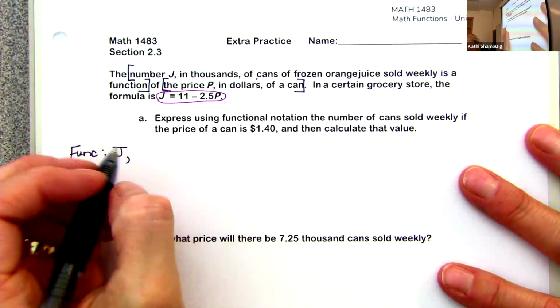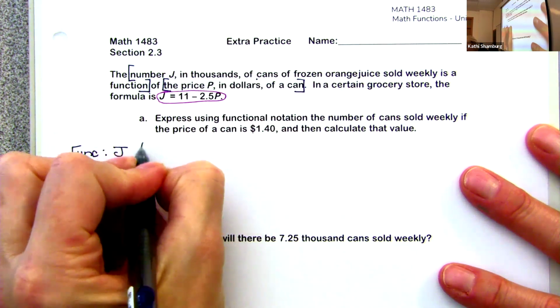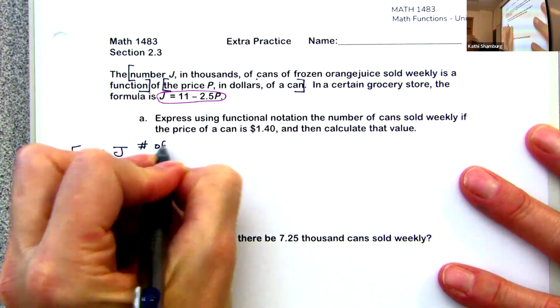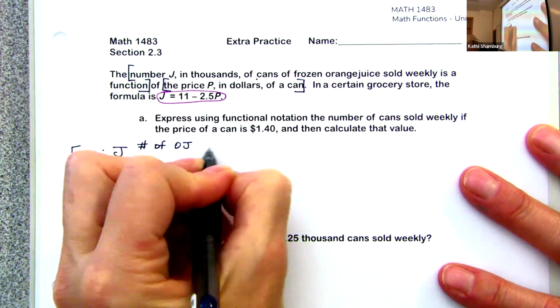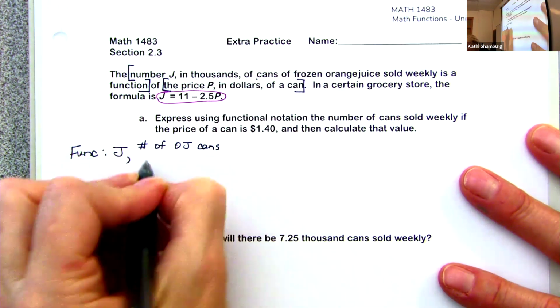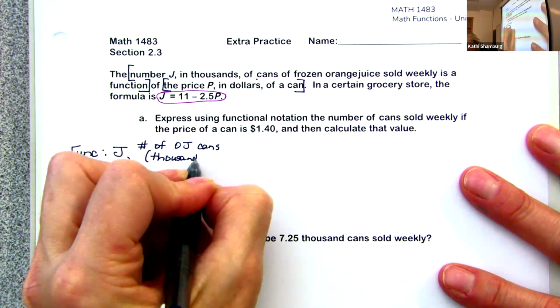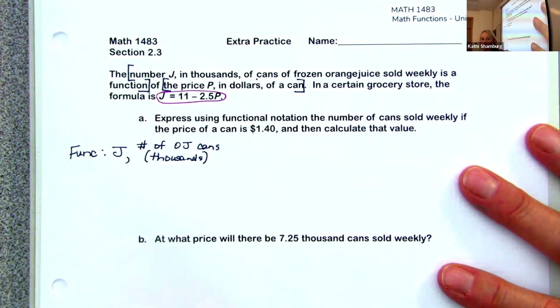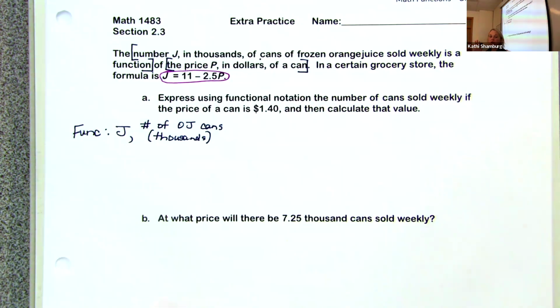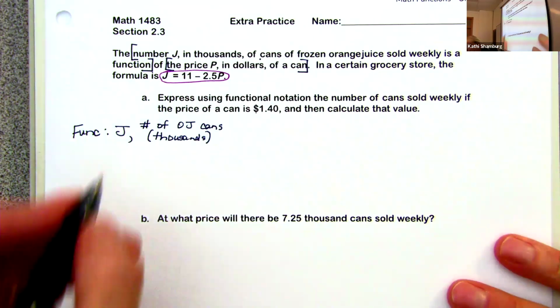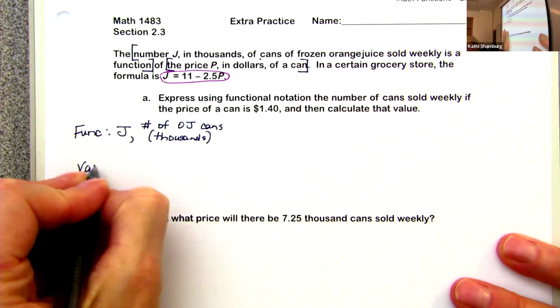Okay, so I'm going to say number of OJ cans. And this is in thousands. So if we calculate, like if we get J equals 5, that means 5,000 cans of OJ, not just 5. All right, so what's our variable?